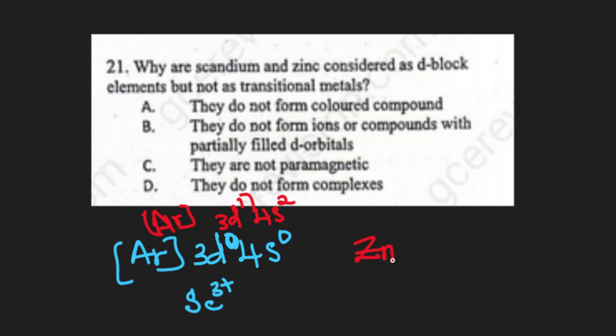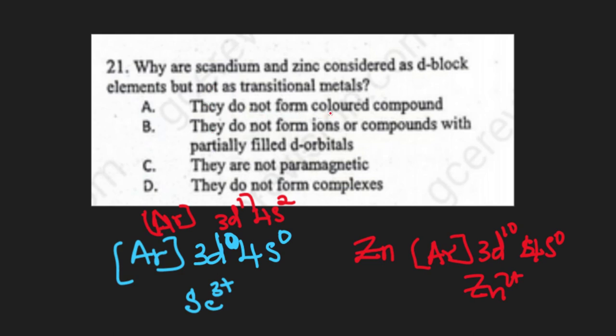Likewise, zinc, because it forms an ion with a completely filled d subshell, is not transition. So we have zinc that forms zinc 2+. So the characteristic property of transition metals is that they form ions with partially filled d subshells. So why should scandium and zinc not be considered as transition?